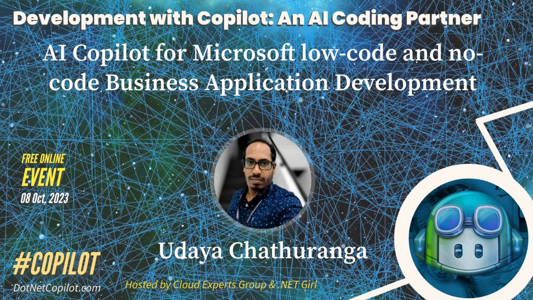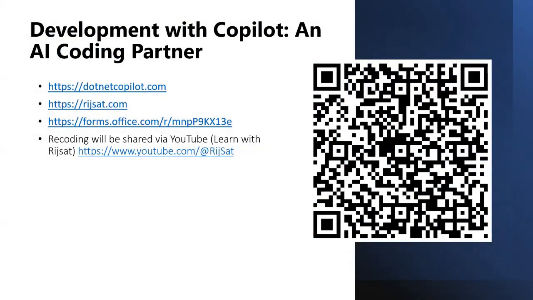So with this, we are at the end of our session. We did four sessions in this event, and all were on Copilot. First, we started with GitHub Copilot, where a developer can write code using GitHub Copilot. They can comment on the code and use chat to develop their code, and the code is generated based on the context.